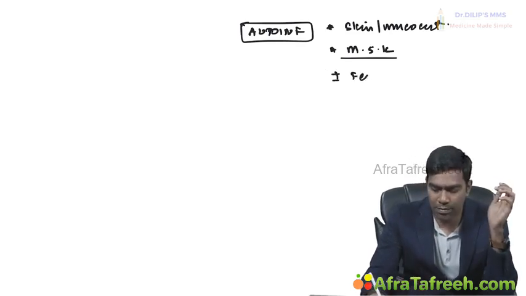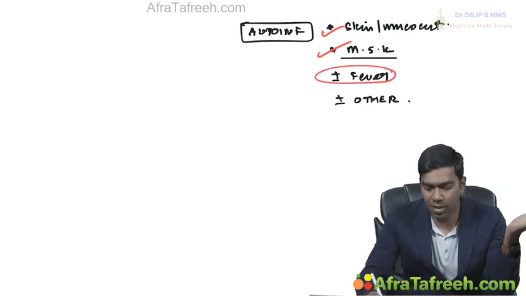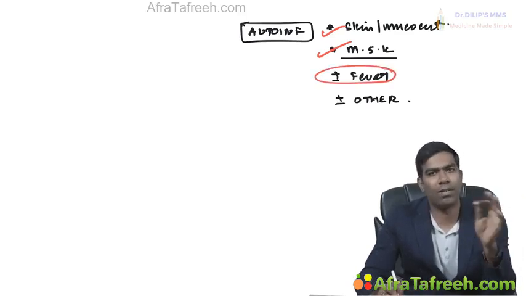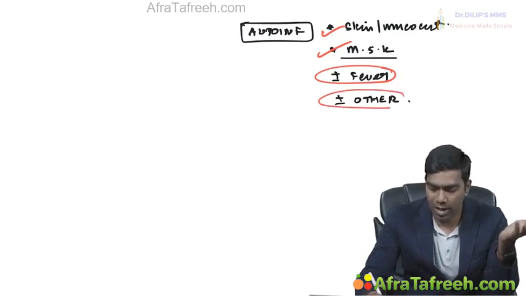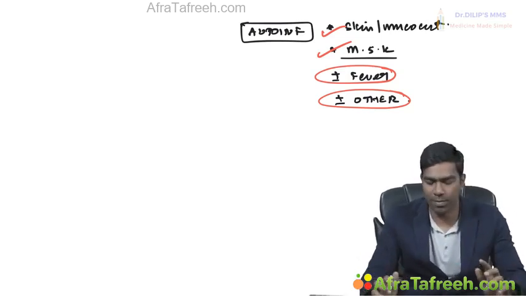Plus or minus they might have fever, and plus or minus other manifestations also, which we'll discuss. This is how I'm going to categorize the features of autoinflammatory syndromes, where skin and mucocutaneous involvement with musculoskeletal involvement is almost typical of all of them. Almost every syndrome will have fever, with a few exceptions, and a lot of other features are also there among these syndromes. So these are the basics of autoinflammatory syndromes.